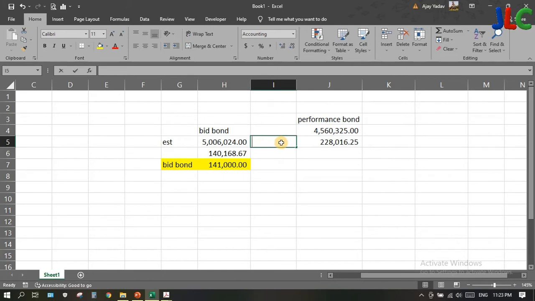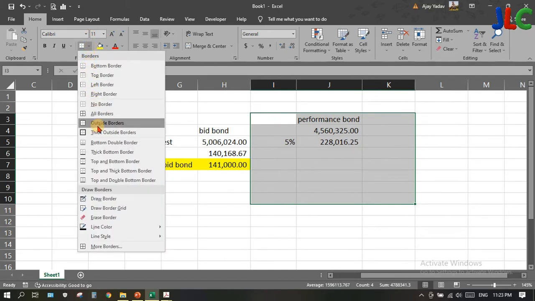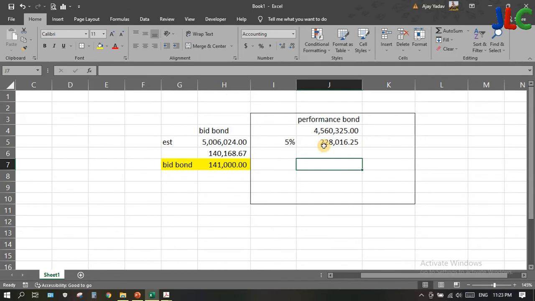This is the 5% performance bond. This was the bid amount, and 5% of it is the PB, or performance bond.